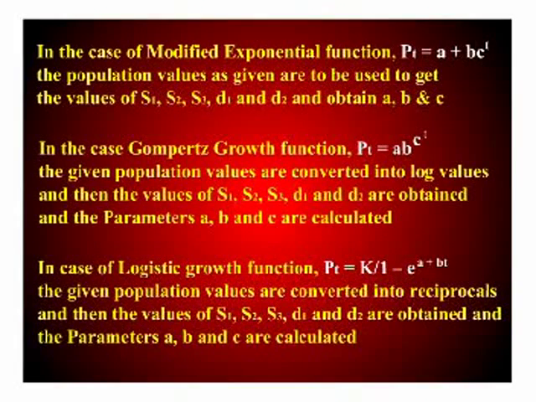For the logistic law, convert the given values into reciprocals and obtain the parameters a, b and c, and then convert the parameters, that is a, b and c, reverting to original form by taking reciprocals again.